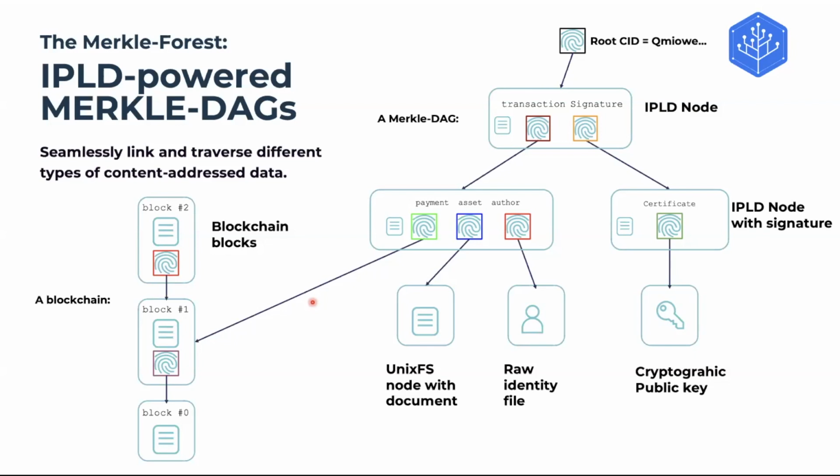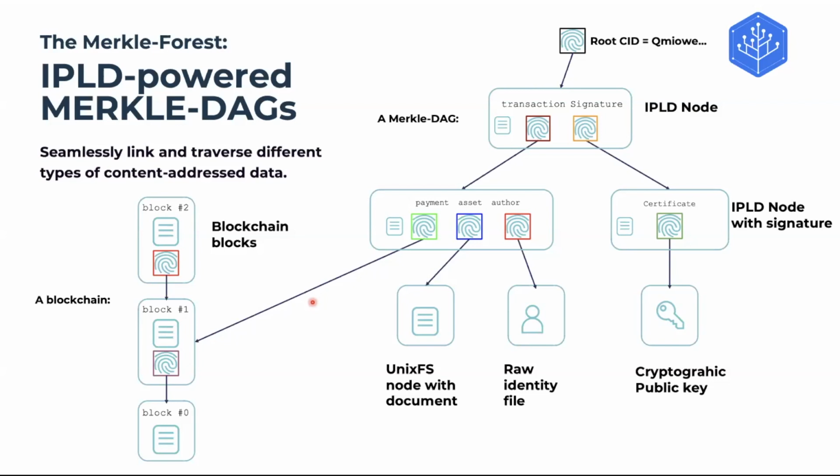If you have a document file on your machine, then you can add it to the network, and what you're doing effectively is adding a pointer to the network, letting the world know that this particular CID or this particular file lives on your machine. Is that answering the question or not?